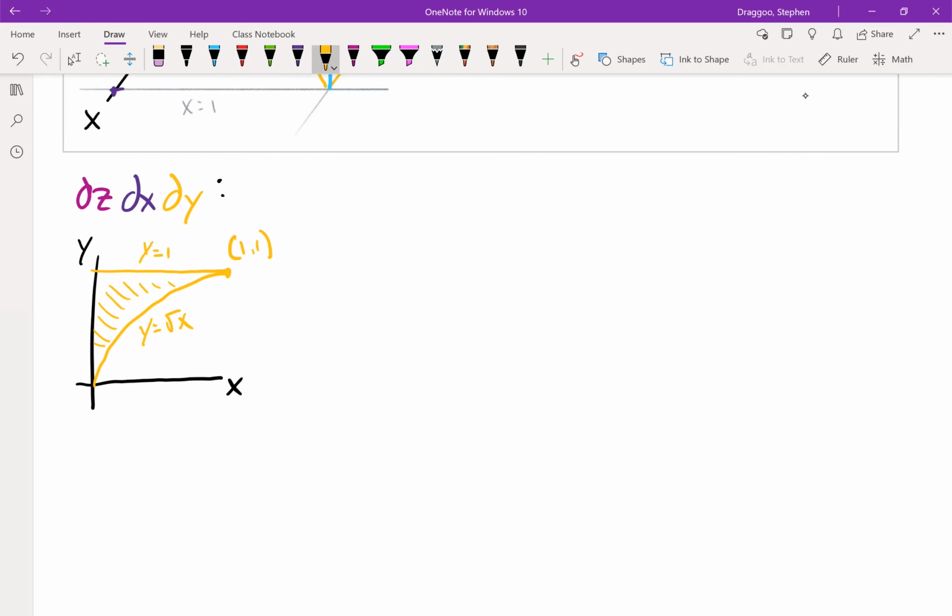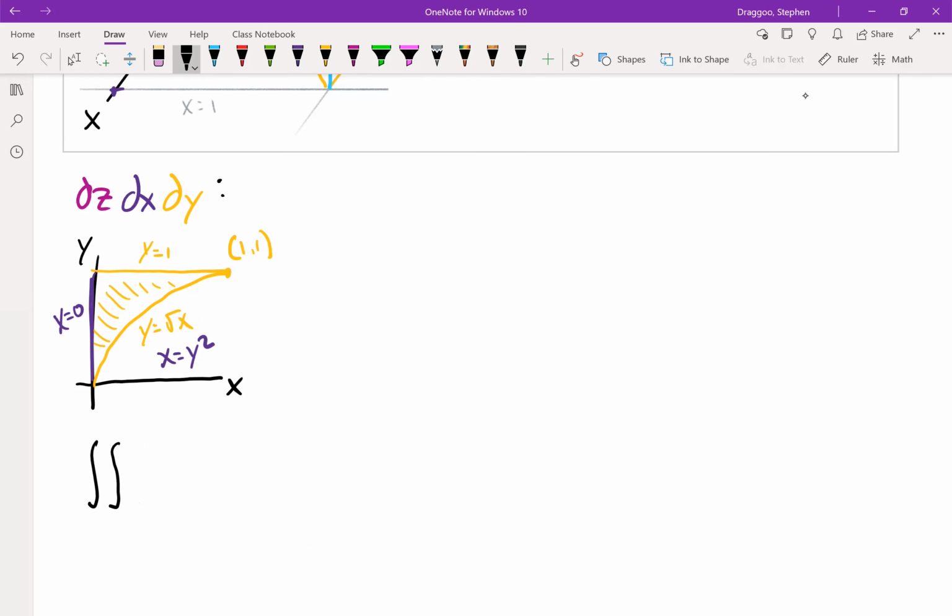But let's rewrite our boundary equations. So instead of y equals square root of x, we'll want x equals y squared. And for the left turn piece, right along here, we're going to want the line x equals 0. So if we're reorganizing that integral to be in terms of dz, dx, dy, our triple integral should look like this.